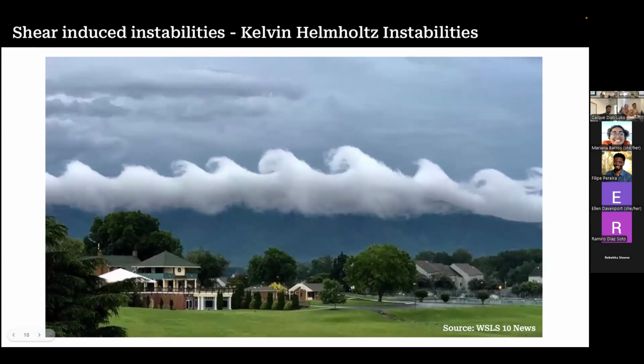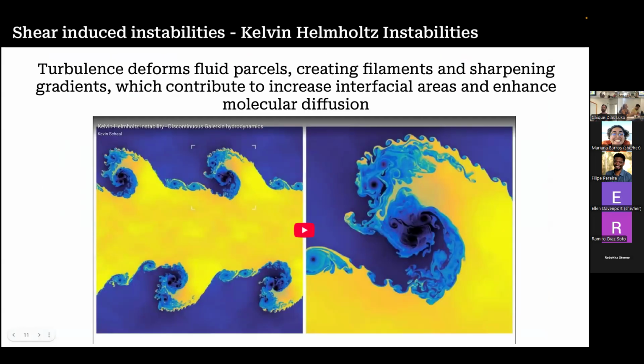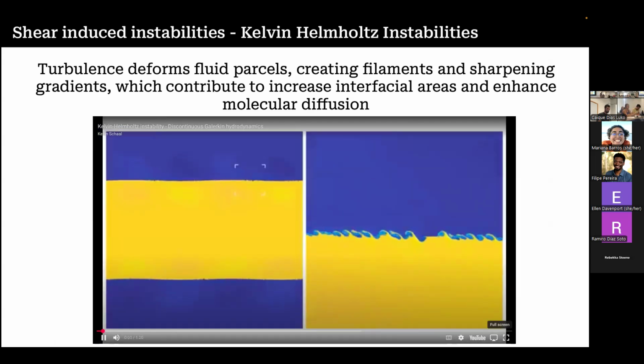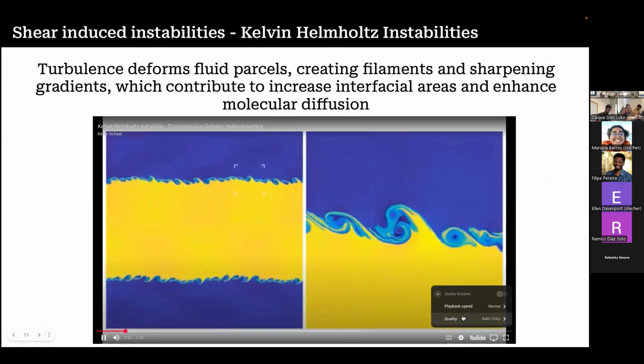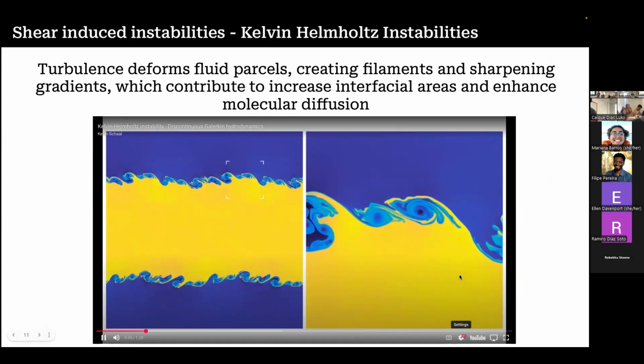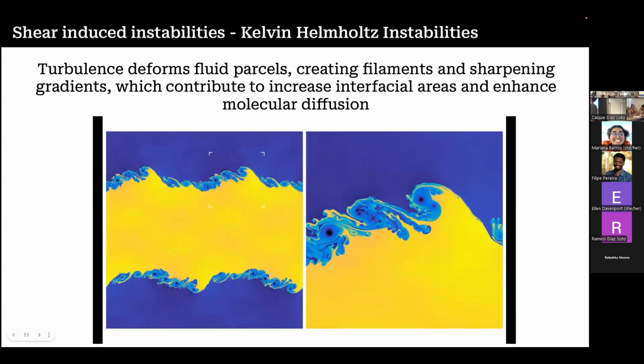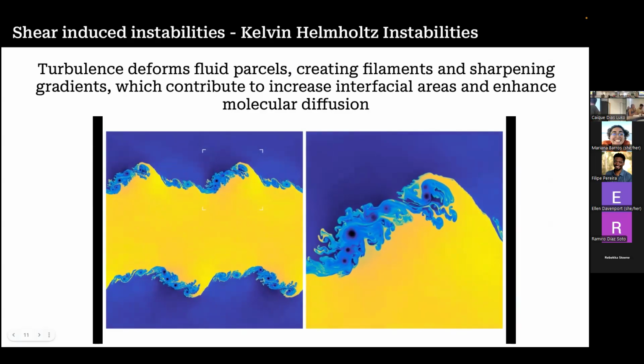But this is a process that's really small scale, and it's really hard to model. So to get these kinds of processes, you usually need some LES modeling. And here is just one example of this. Here on the left, we have the different water masses, and this on the right is the zooming into this square here.